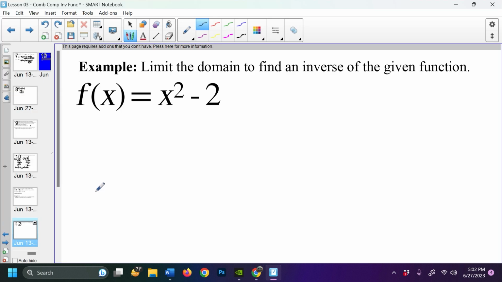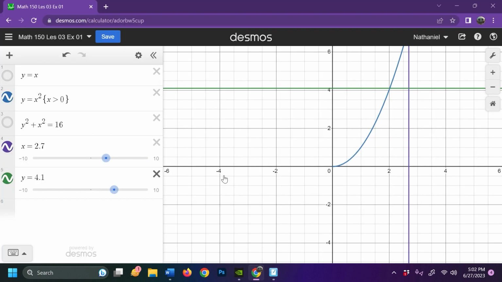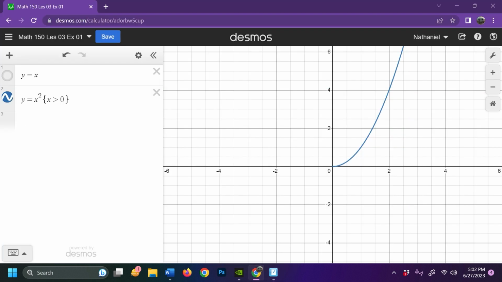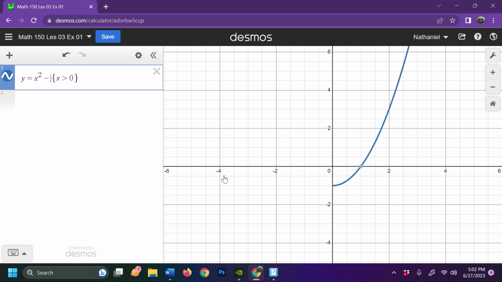Limit the domain to find the inverse of a given function. f of x is equal to x squared minus 2. If I go to Desmos and I clear all of this stuff out, we can see that this thing right here is one-to-one with the same domain limitation that I had in the last one.